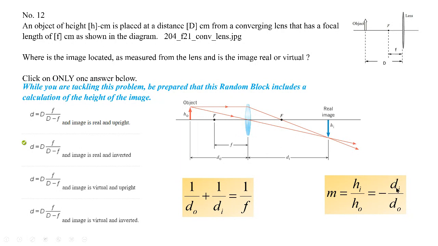If di is negative, then the magnification is positive and it is larger, but upright. Here it is real, but down if di is positive. So this is what this answer is: it is real and inverted. You have to look up your lecture notes. You'll find those algebraic rules on this.